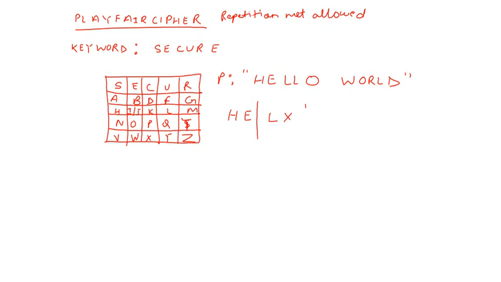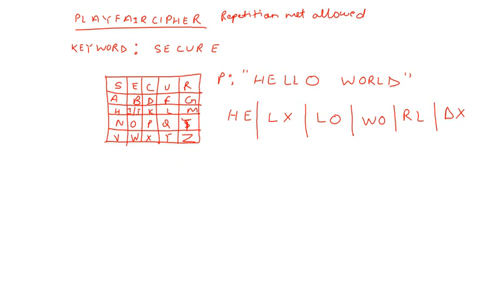Then with this L it will be LO, this will be WO, this will be RL, and then D. This D is alone, so we will fill X at the end. Now we are going to encrypt HE, LX, LO, WO, RL, DX.